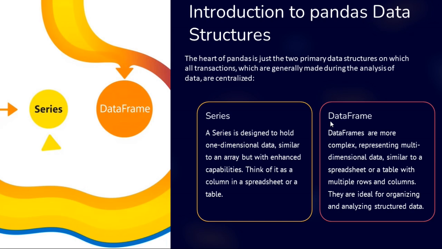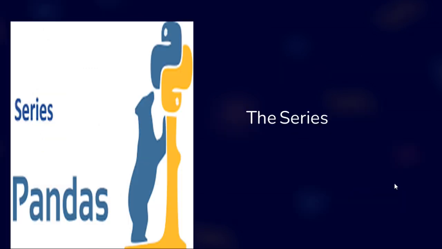You can imagine a Pandas series as a column in a spreadsheet or a table. But data frames are more complex. They represent multidimensional data. You can imagine a data frame as something similar to a spreadsheet or a table with multiple rows and columns. So a data frame is more ideal for organizing and analyzing structured data.